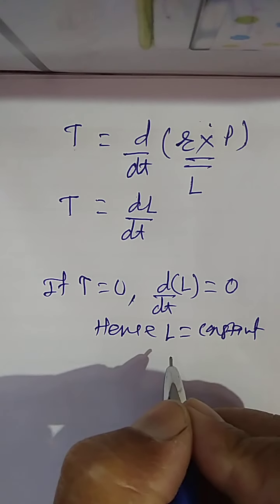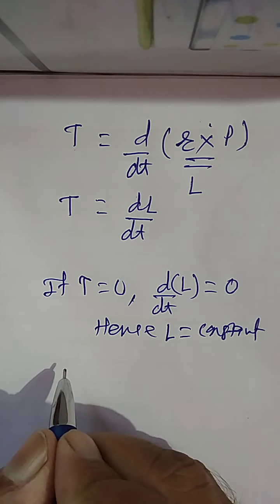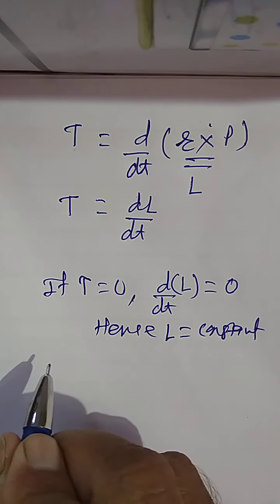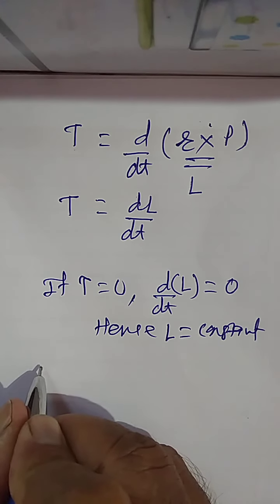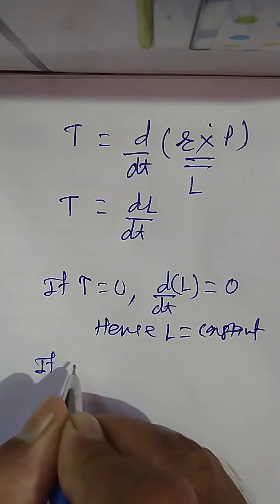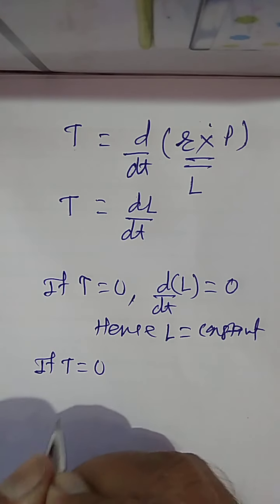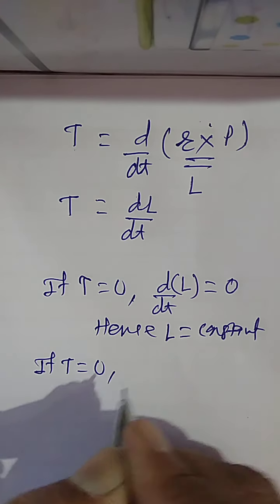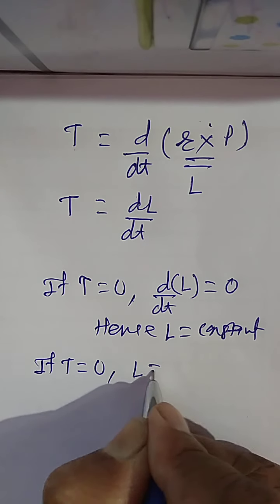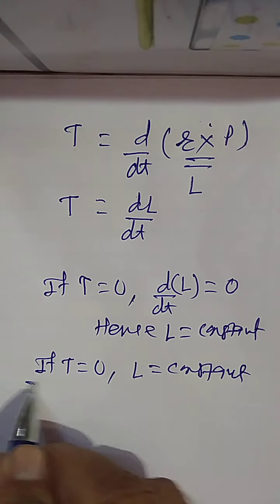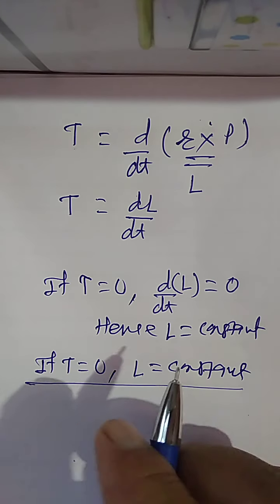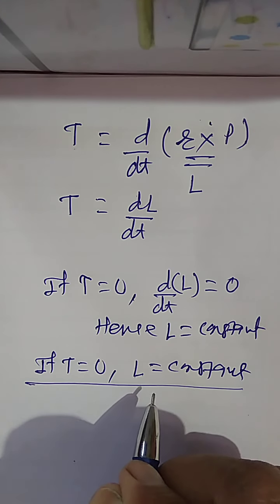From this equation, it is clear that if the external torque tau acting on a particle is 0, then its angular momentum capital L remains constant, which is the statement of the conservation theorem of angular momentum.